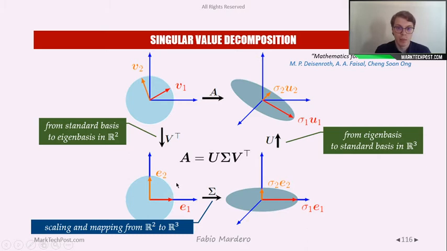We are in the bottom left corner, and we use sigma for scaling the vector and to map the 2D plane to the R3 3D space. Again, we need to represent the vectors using the canonical basis, so we apply the U matrix that brings the vectors in the 3D space from the eigenbasis to the standard basis.